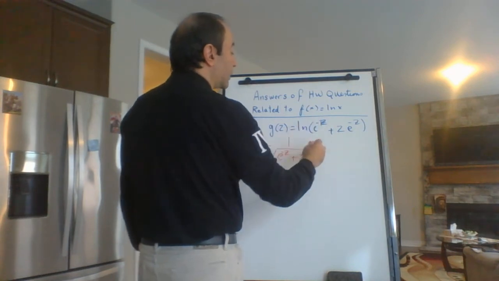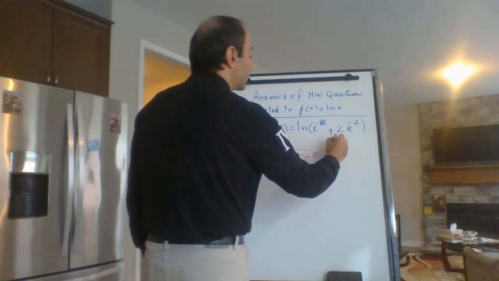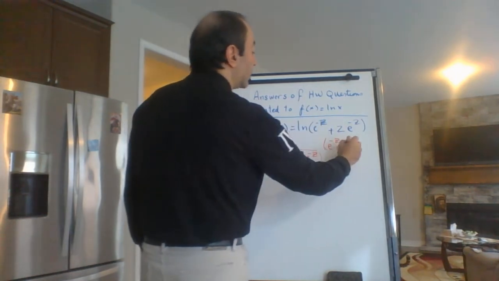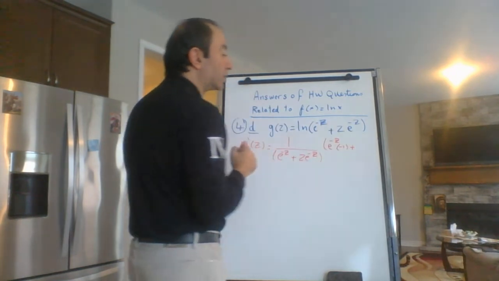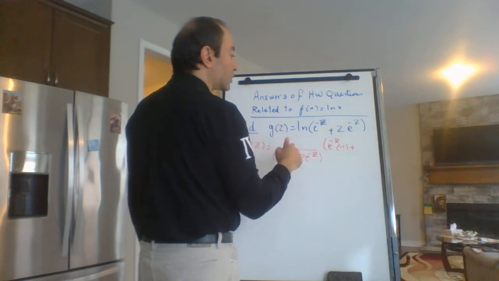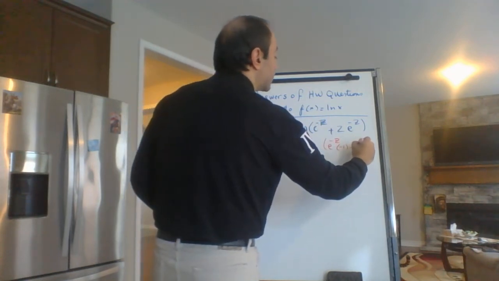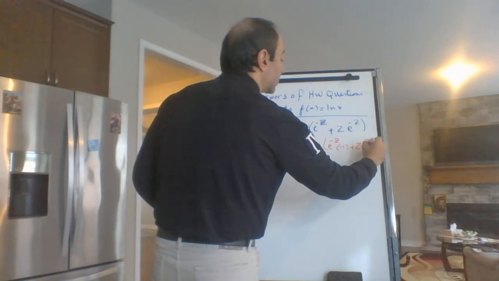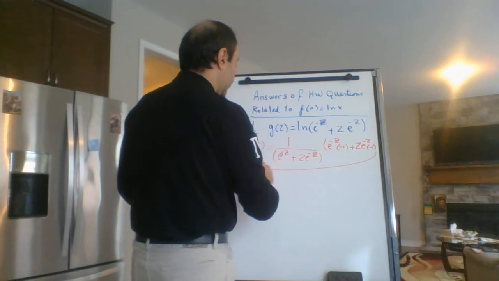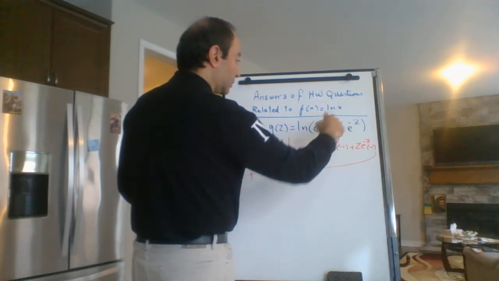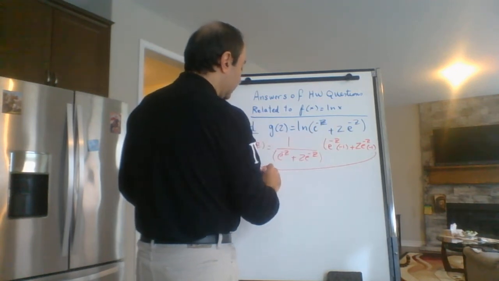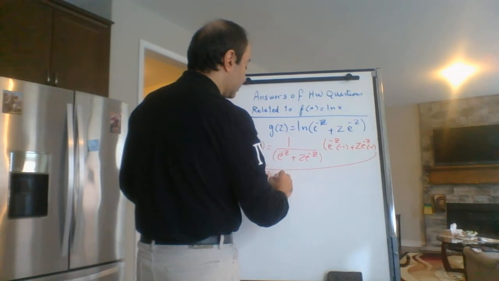The derivative of e to the power of negative z is e to the power of negative z times negative 1, since the derivative of negative z is negative 1. Plus, this is a product of two functions, so first times the derivative of the second, plus the second times the derivative of the first. The second is e to the power of negative z times the derivative of the first, which is 1.